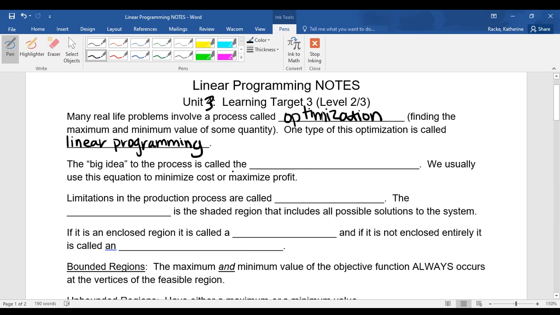The big idea to the process is called the objective function. We usually use this equation to minimize cost or maximize profit. Limitations in the production process are called constraints.